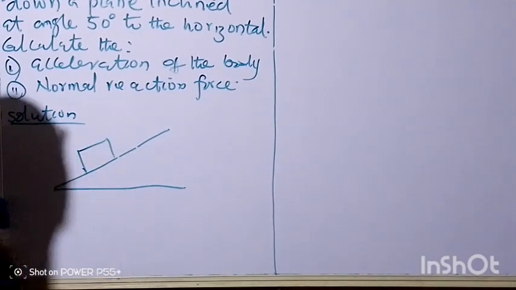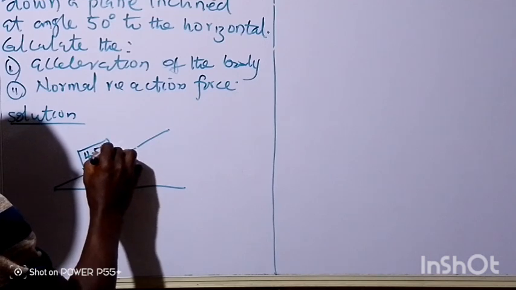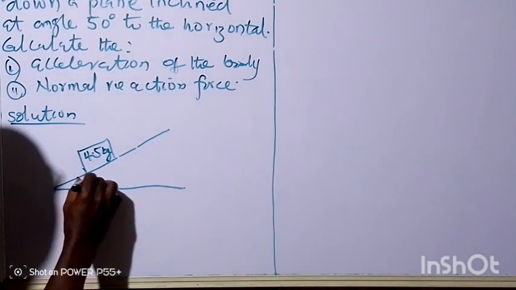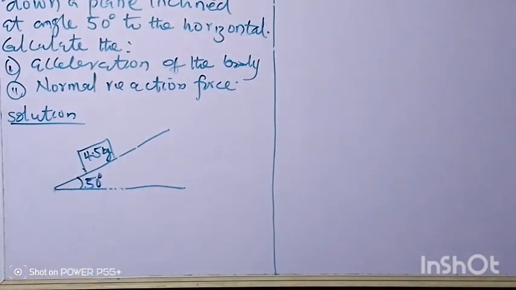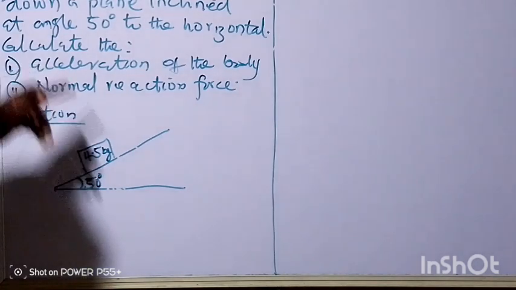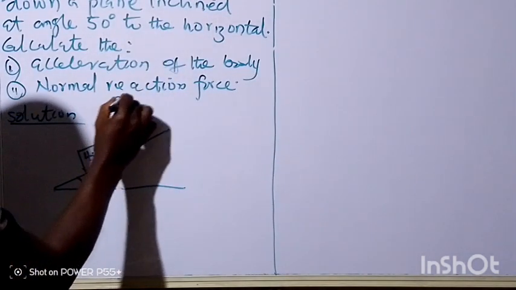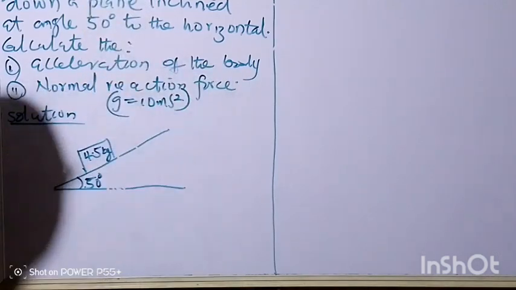The question says the mass of this body is 4.5 kg. And the angle of inclination, according to the question, is 50 degrees. So from this, we have to calculate the acceleration of the body. But the question says, take g is equal to 10 meters per second squared.